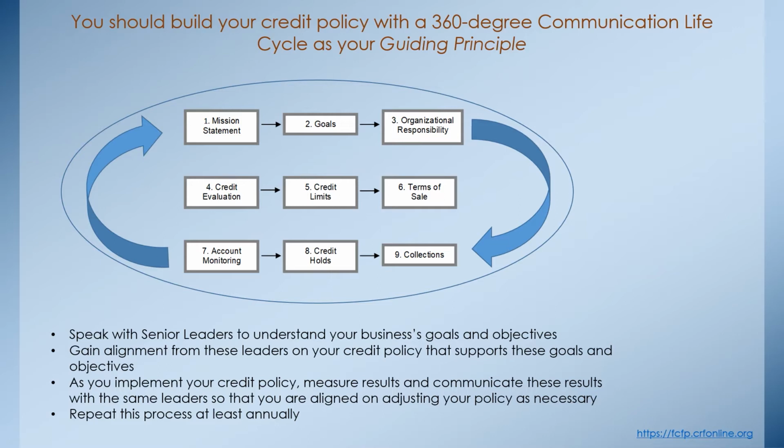Also implement your credit policy in such a way that you can measure results and communicate these results with the same leaders that you aligned on, and adjust your policy as necessary, and repeat the entire process to some degree to review your credit policy on at least an annual basis.